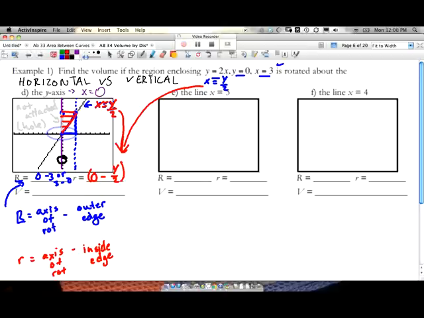So what is my overall setup then? That means I'm going to be doing different integrals here, because now my limits are in terms of y. So y equals 0, and where do I finish? I finish up here at y equals 6. So I'm doing the integral from 0 to 6 of pi, and then it's going to be big R squared minus little r squared.